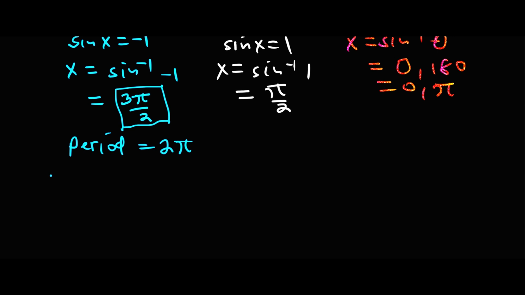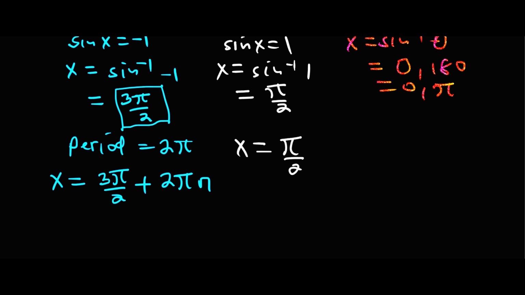So we can say, therefore, that generally the value of x when sine of x is negative 1 can be given as 3 pi over 2 plus the period times the number of circles on the unit circle. Then when we're looking at sine x equal to 1, x will be given by pi over 2, that is 90 degrees, plus the period of the sine function times the number of circles that are made on the unit circle.